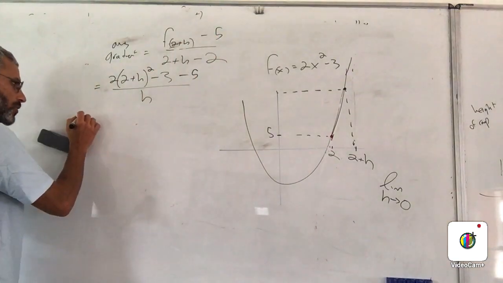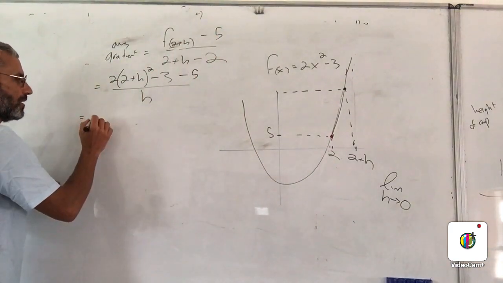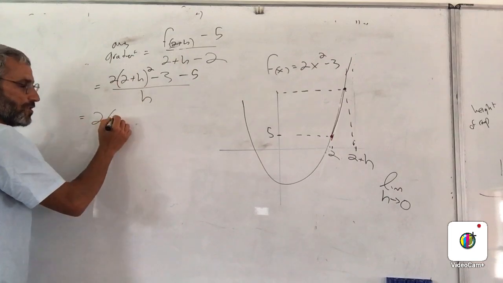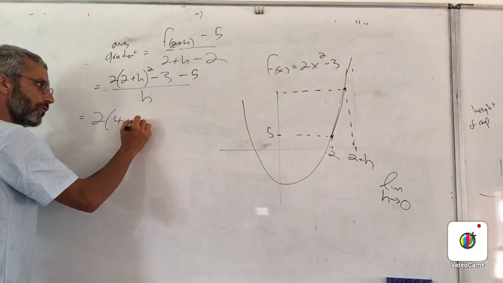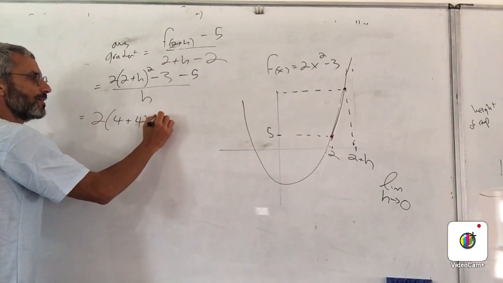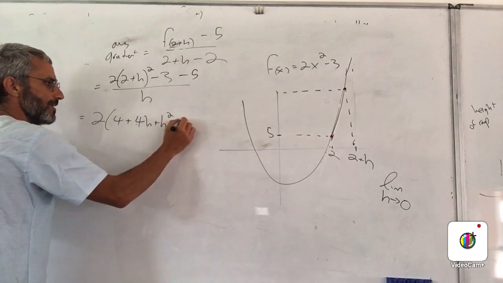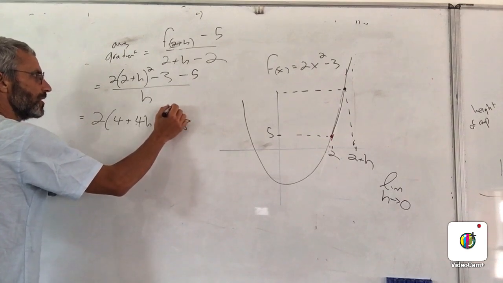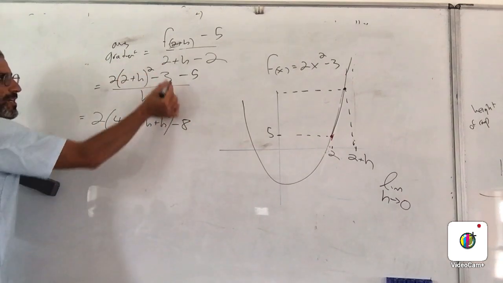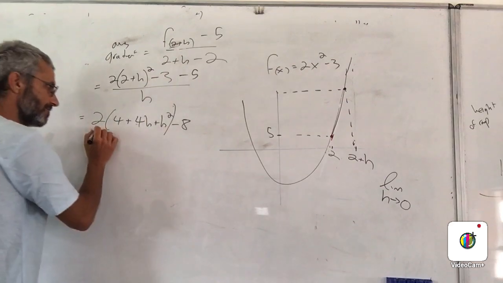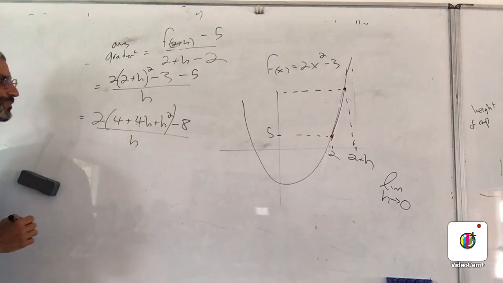Right, we start opening. 2 times, we need to remember these formulas, 4 plus 4h plus h squared, minus 8. Yes, put brackets there. Minus 3, minus 5, divided by h, don't forget.